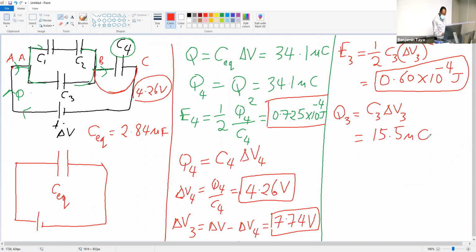Now, notice that Q3 is also the same as Q2, so Q2 is equal to Q3. Why is Q2 equal to Q3? Because C1 and C2 are connected in series, right? So the charge would be the same.